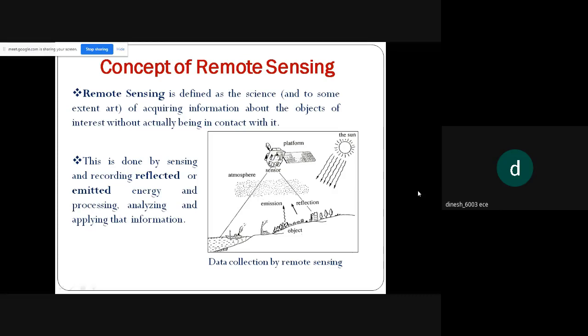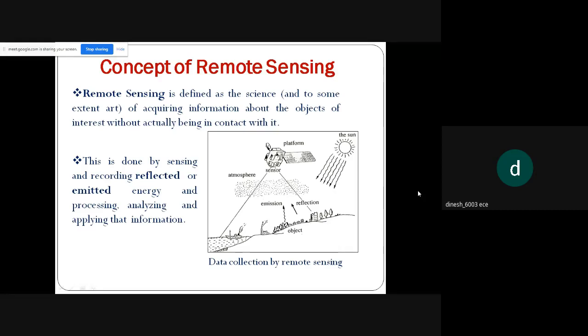So how do we do remote sensing without actually touching the objects, or how do we acquire information about a particular land or water or object or ship or ocean or buildings or trees without actually touching it?